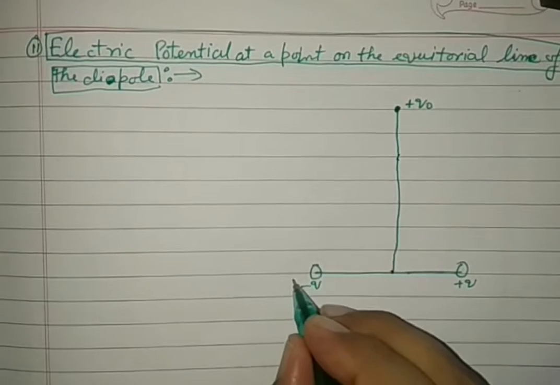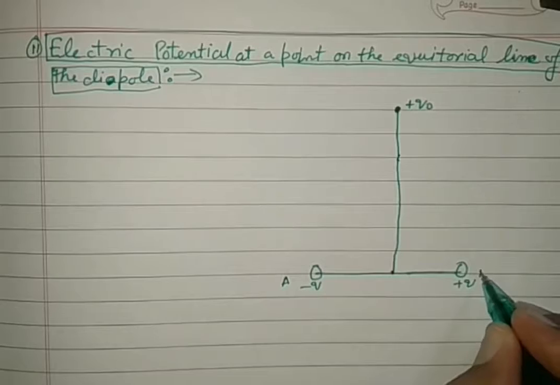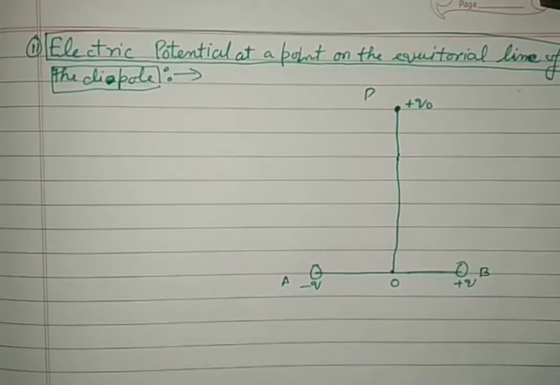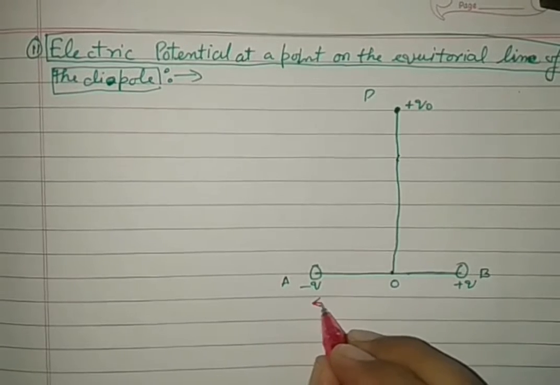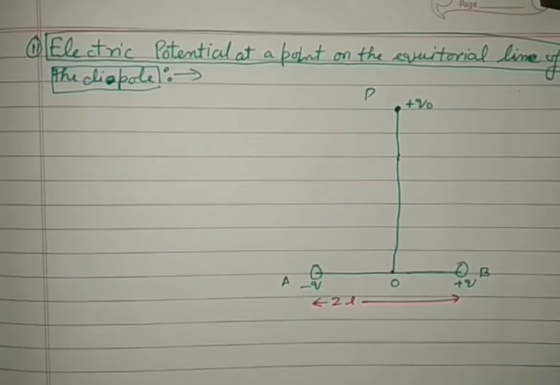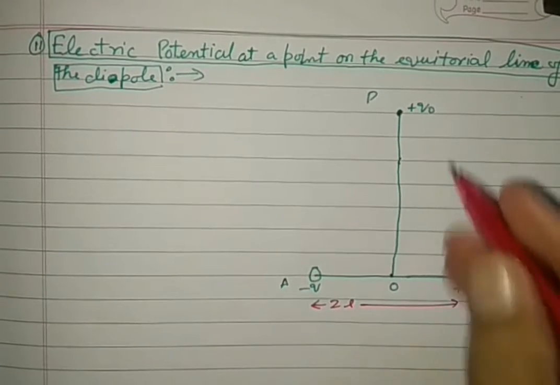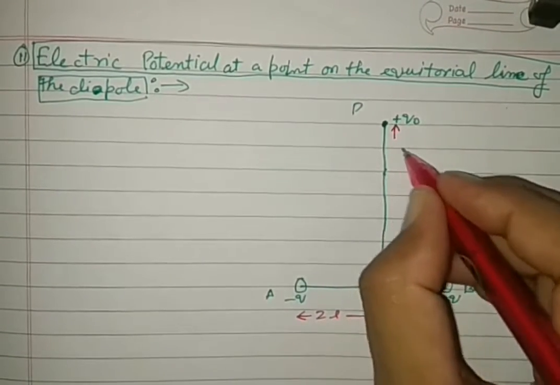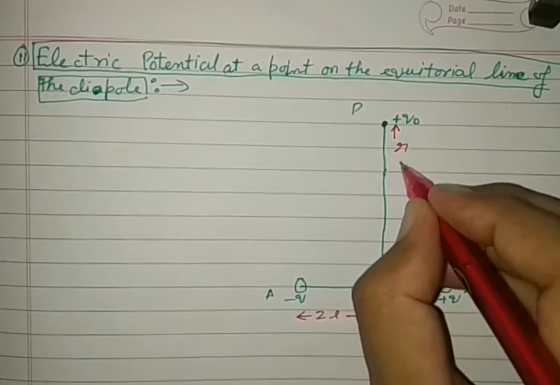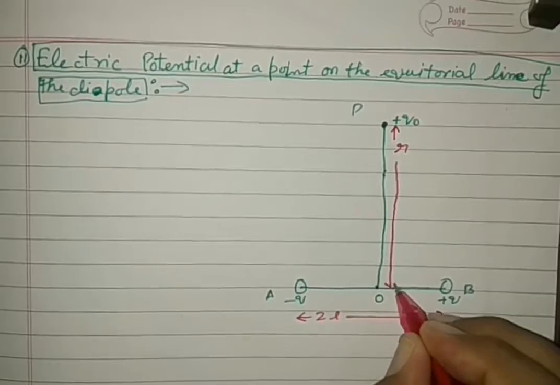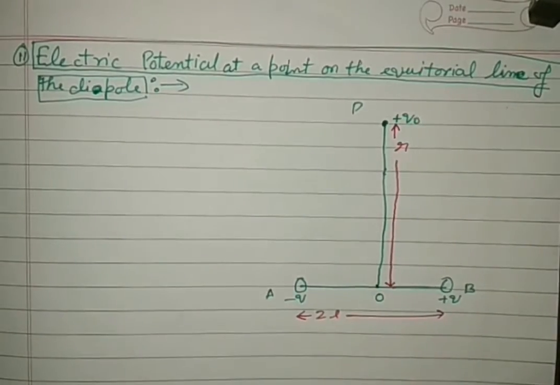So this is point A, point B, this is point O, and this is point P. The distance of the dipole we generally take as 2L in every case. And here the distance from the test charge to the dipole, as in the previous case also, is R. R is this distance, L is this distance.